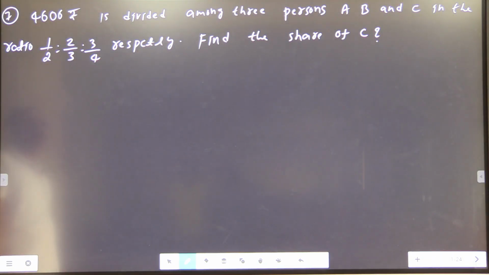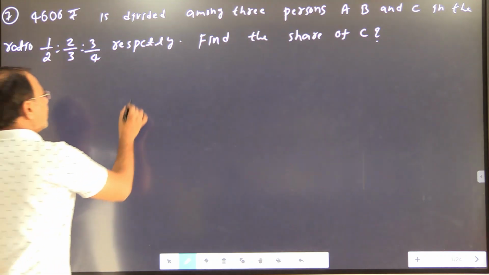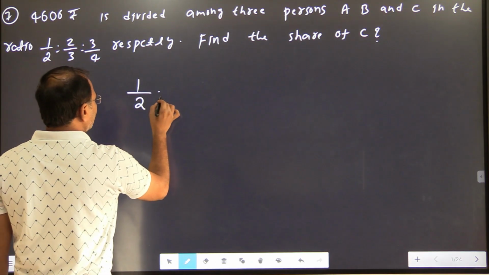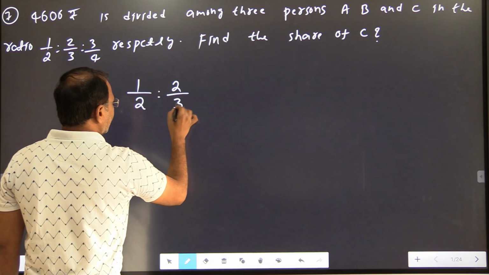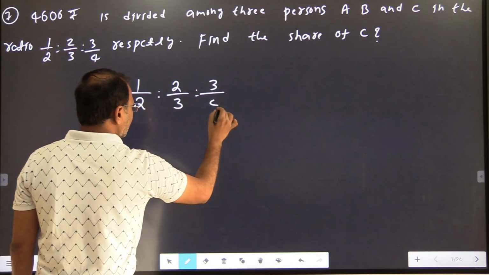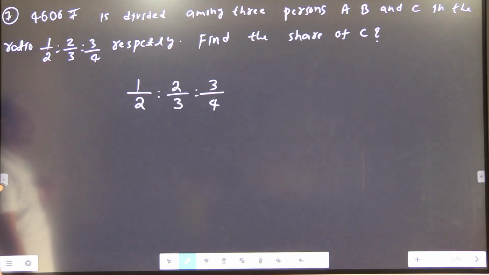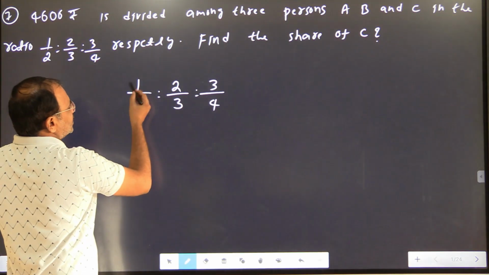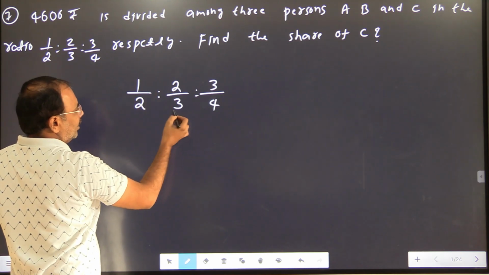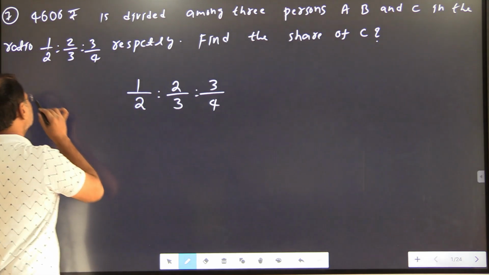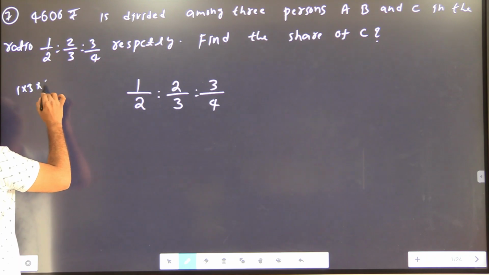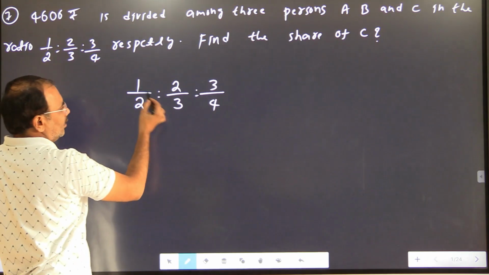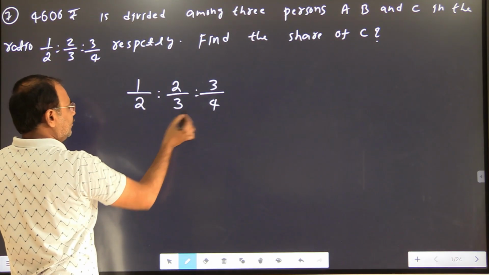1/2 is to 2/3 is to 3/4. First you have to simplify this fraction. You have to convert the given fractional ratio into a general ratio. So first simplify. What is the first term? For the first term, take the numerator and the remaining denominators: 1, 3, 4. So 1 into 3 into 4: 1 into 3, 3, 3 into 4, 12.